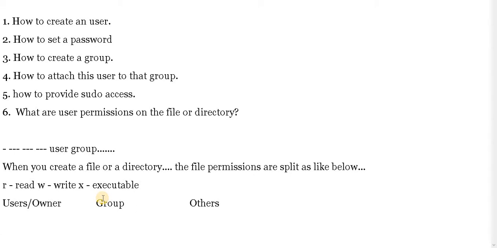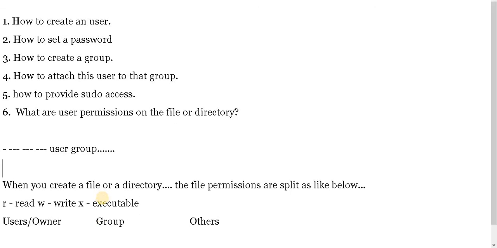Now let's see here. RWX. If it is a file, this first position will be empty. RWX, if he has complete permissions.